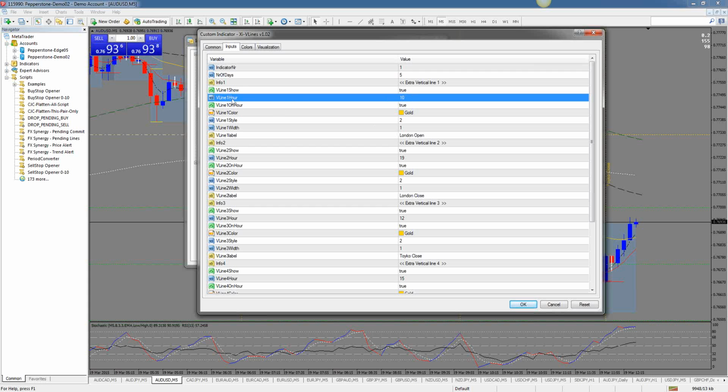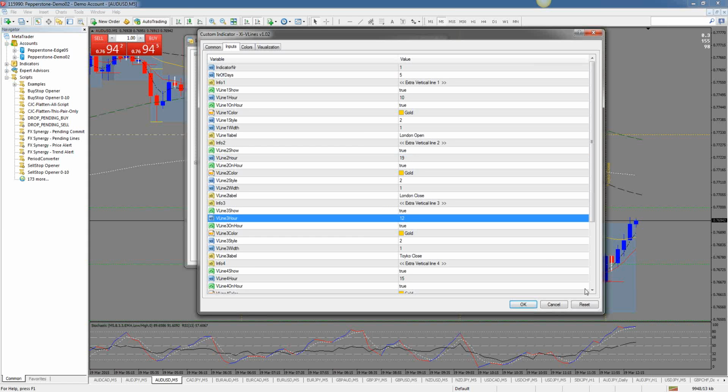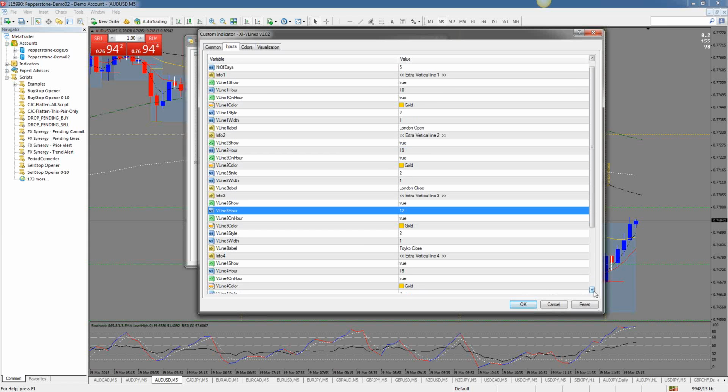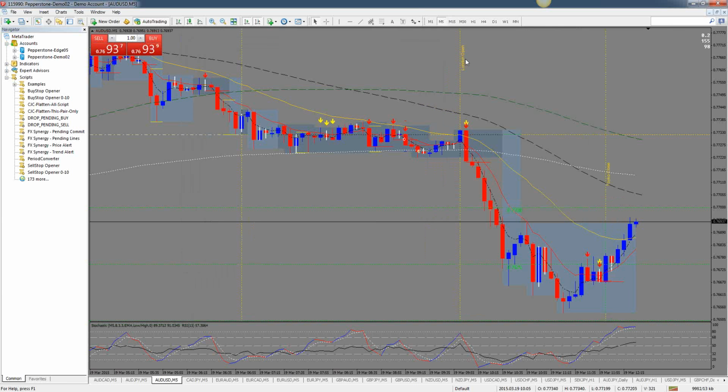For an example, the London Open for my broker is at 10. My London close is at 19. My Tokyo close is at 12. You need to make sure that the session line, which shows the opening and closing of each market, is set to whatever your broker is.